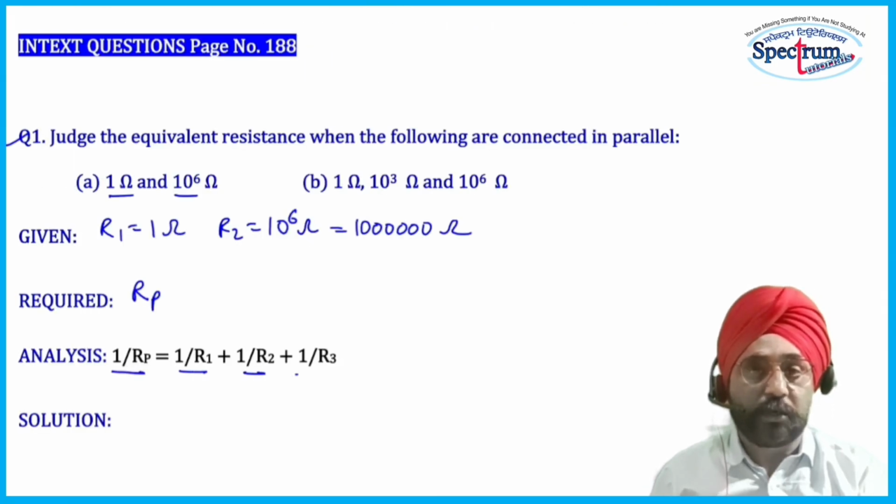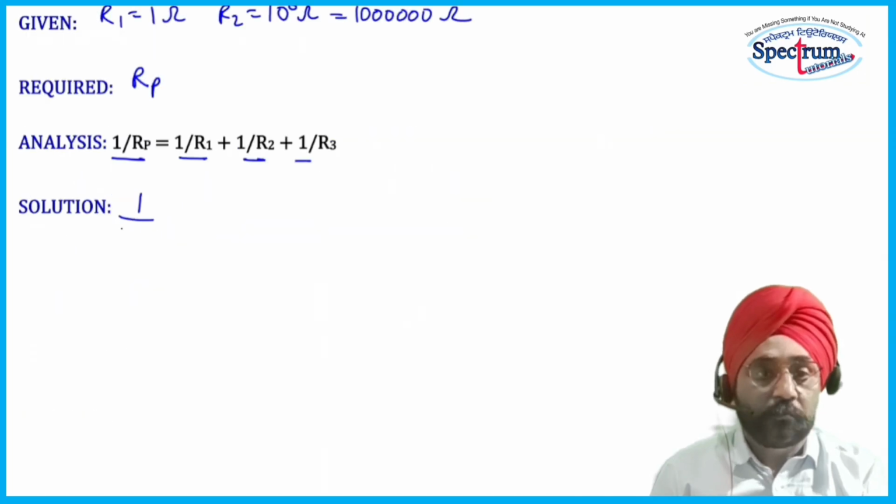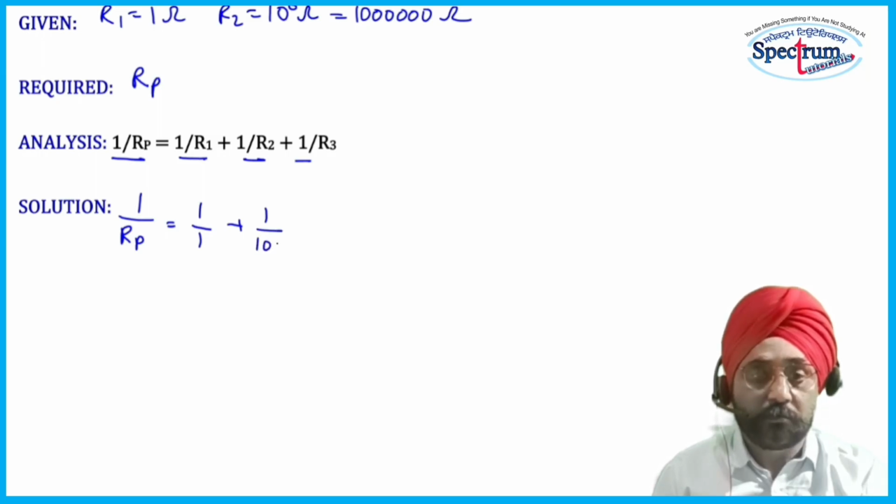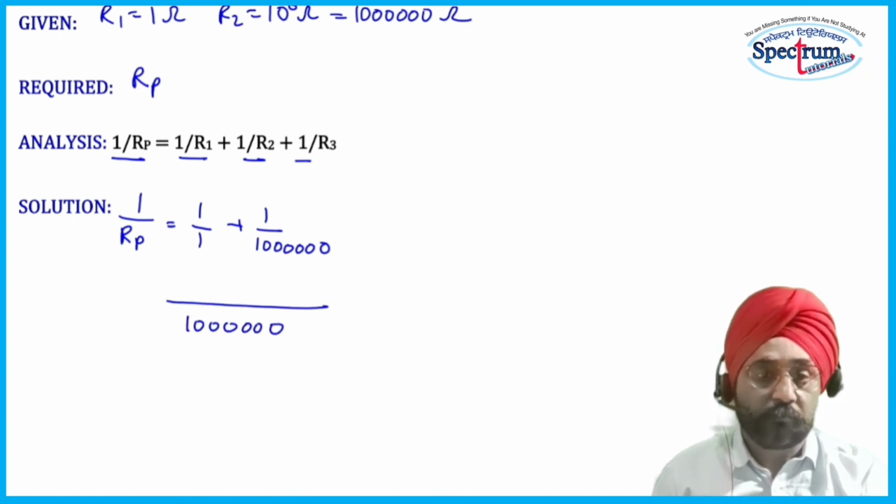1 over Rp is equal to 1 over R1 plus 1 over R2 plus 1 over R3. 1 over Rp is equal to 1 over 1 plus 1 over 10 raised to the power 6. Taking LCM, we get the result.